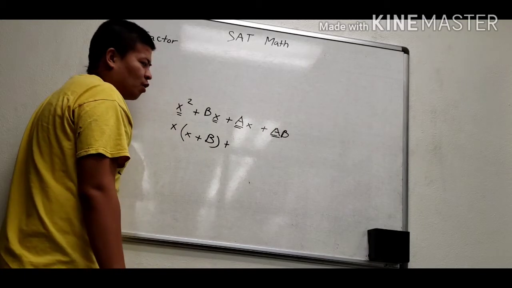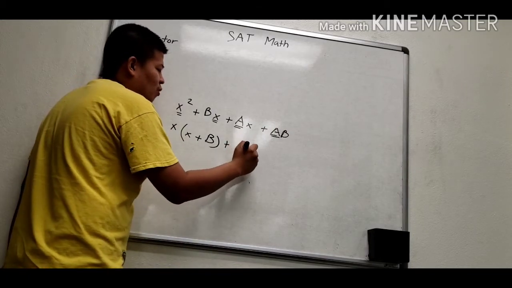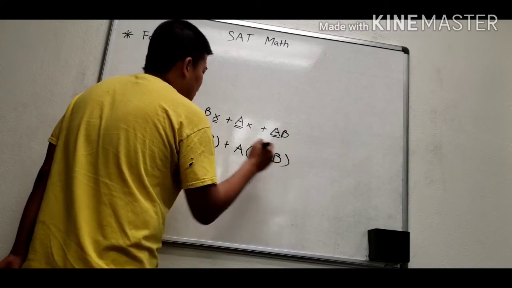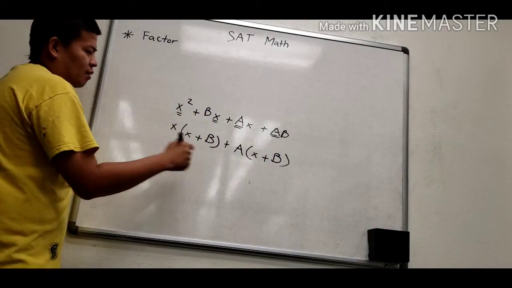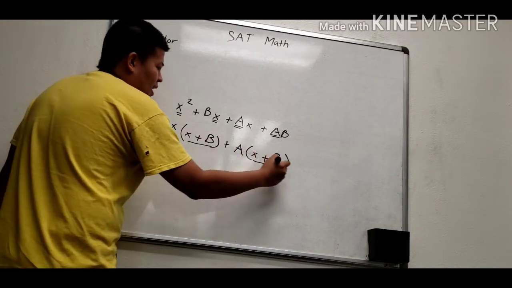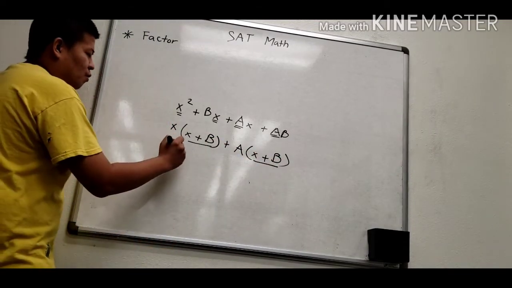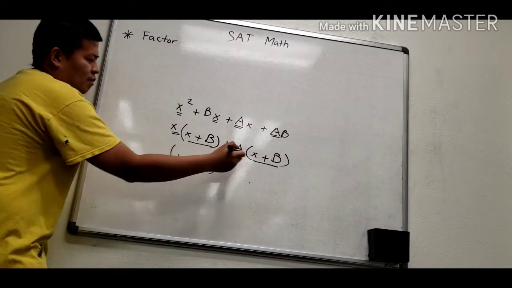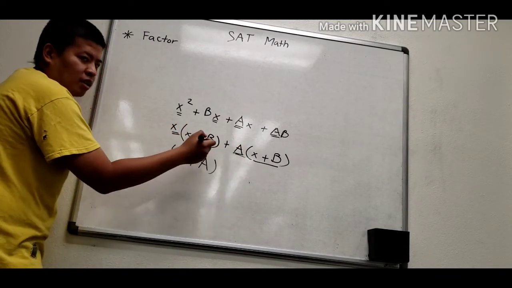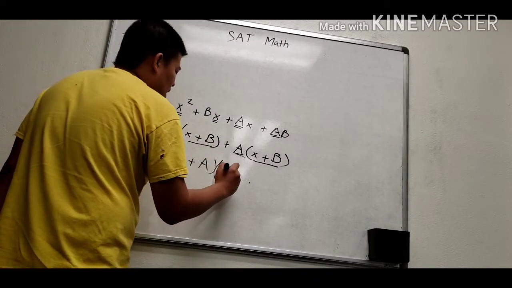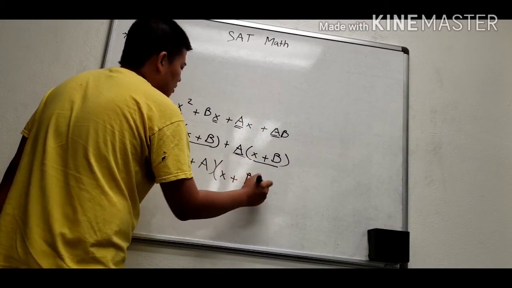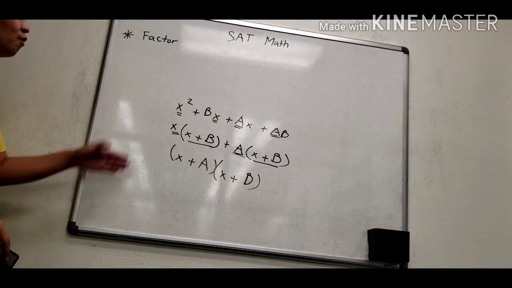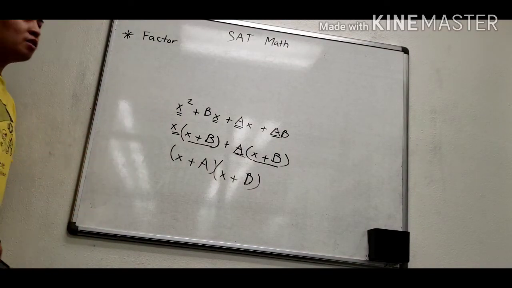They have the same coefficient. We put a outside, and we got s plus b. And we can see that s plus b are the same, so we can put down like this: s plus a is the outside of the s plus b, and we got s plus b. This way is the formula how to go from the equation to the factor.